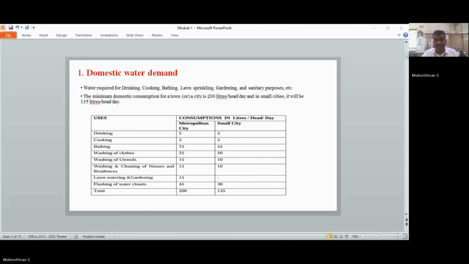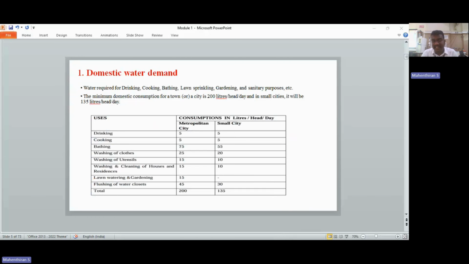We have standard values, that is IS code references. For metropolitan or larger cities, the recommended domestic water consumption is 200 liters per head per day. For small towns and cities, it is 135 liters per head per day. Per head per day means the amount of water required by one person in one day.